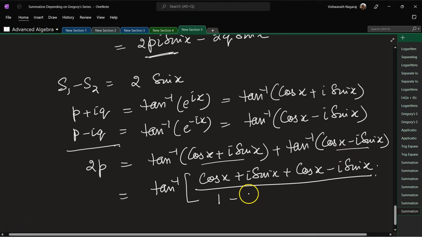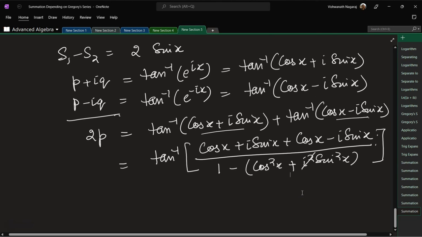So let's do that. We get cos square x minus i square sine square x. And if we cancel this, this becomes plus. And cos square x plus sine square x is 1. 1 minus 1 is 0.